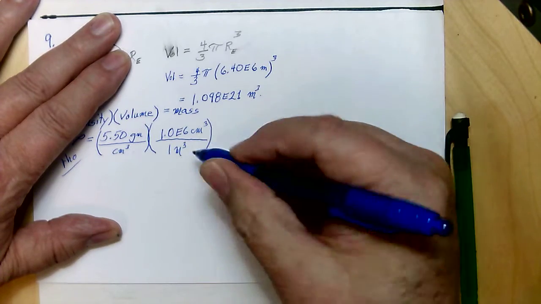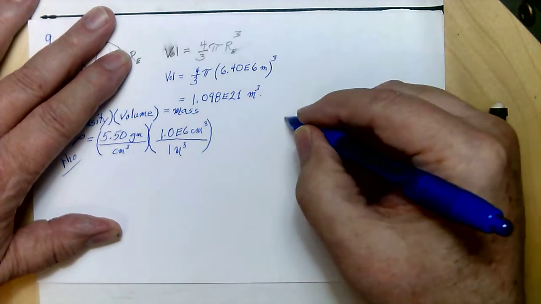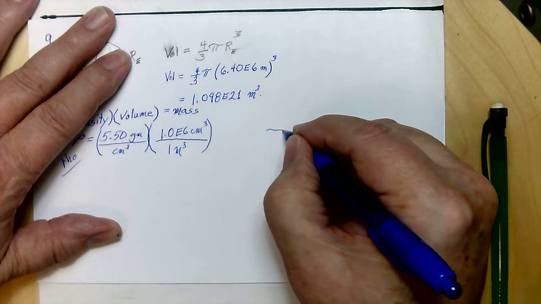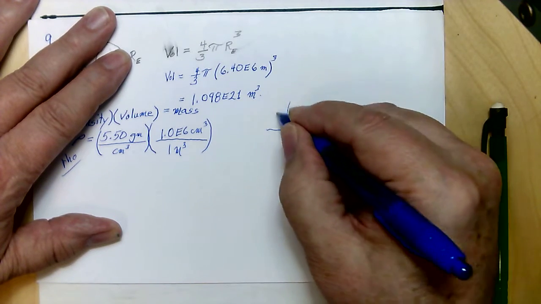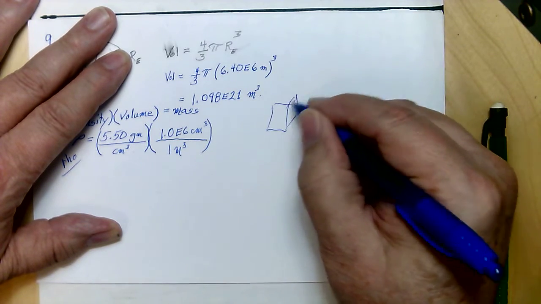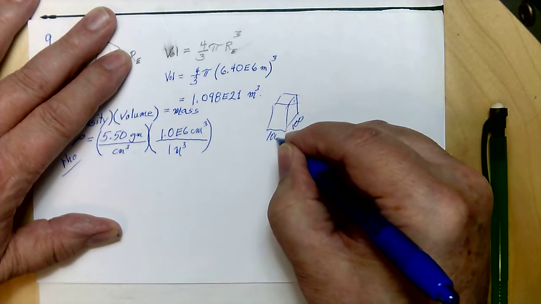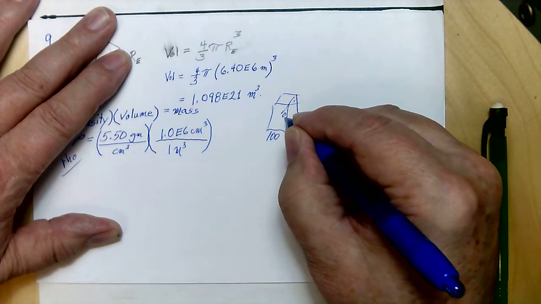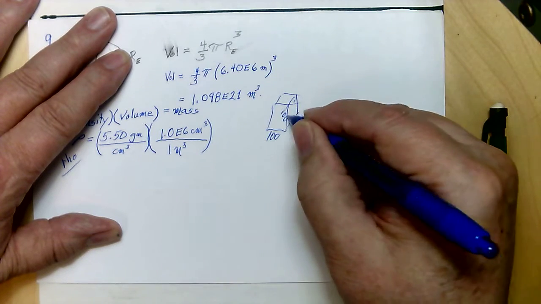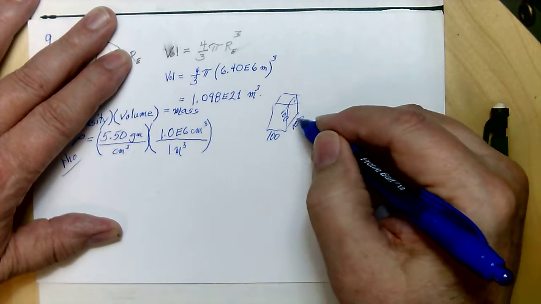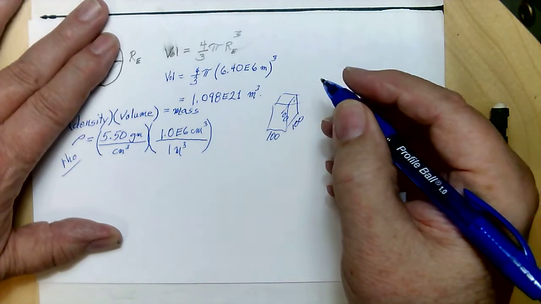Now you get that by having a cube, length, width, height of 100 centimeters on each side, and then 100 in the z-axis. So x, y, z. 100, 100, 100 is 1 million.